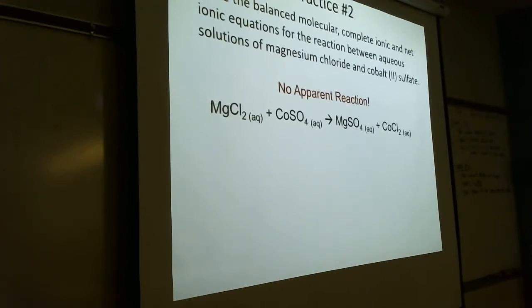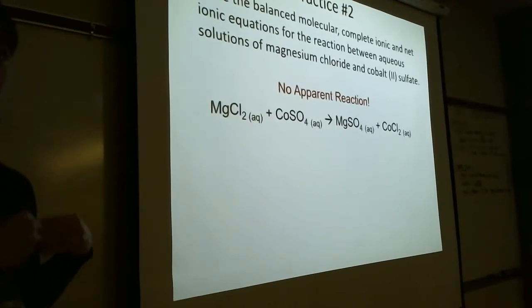So if you wrote no apparent reaction and you wrote your molecular equation and then you wrote because both products are soluble, that's enough to convince me that you know what you're talking about. Okay, so if you just write no apparent reaction because both products are soluble, you can stop right there, so long as you have a balanced molecular equation with subscripts. Okay, if you just write no apparent reaction and don't put anything else, I can't give you credit for that, because remember, your goal is to communicate to me that you know what you're doing.